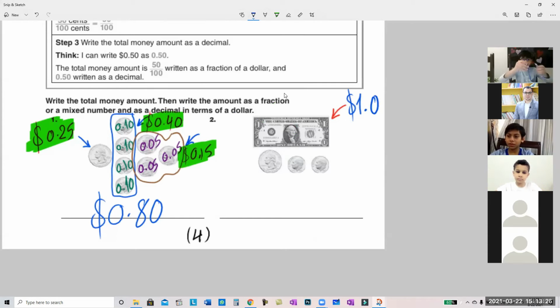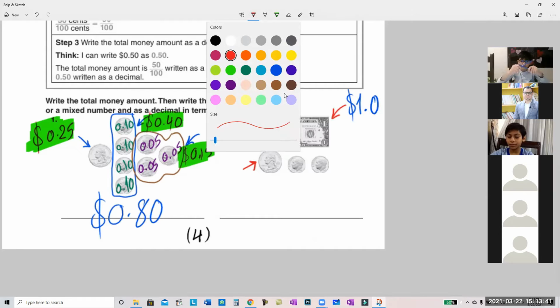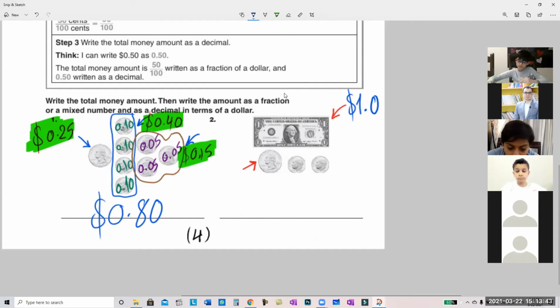Because it's $1, you have to write the 1 in the ones place, right? Yes. Okay. Now we have this coin. What is the name of this coin, man? It's 0.25 of a dollar, okay? Because it's a quarter.